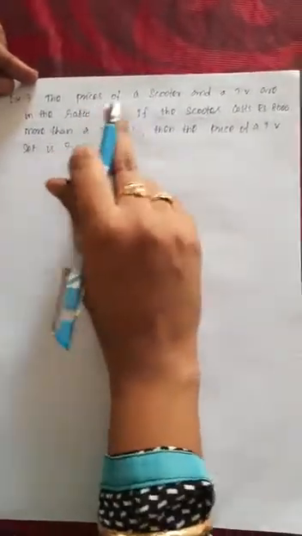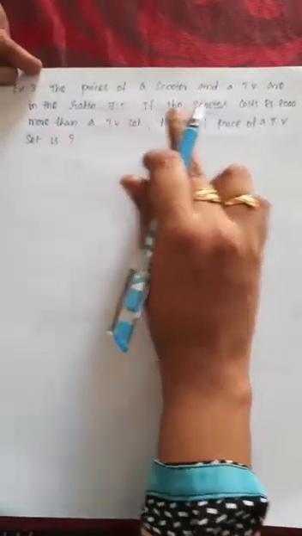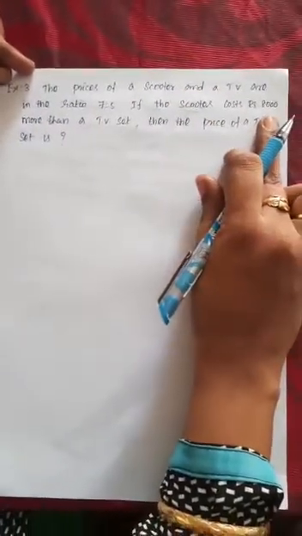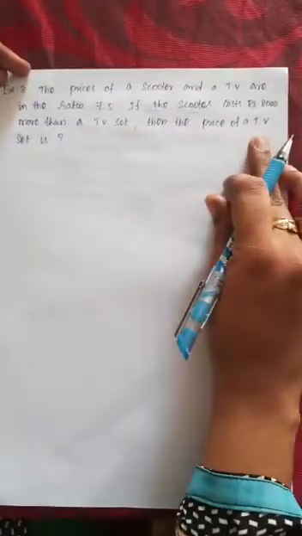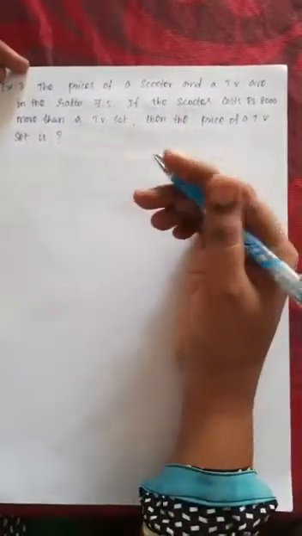Example 3. The prices of a scooter and a TV are in the ratio 7:5. If the scooter costs rupees 8,000 more than a TV set, then what is the price of the TV set?